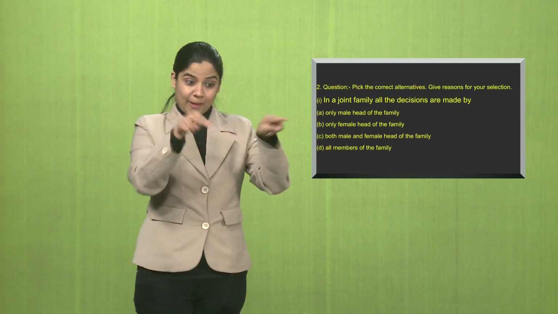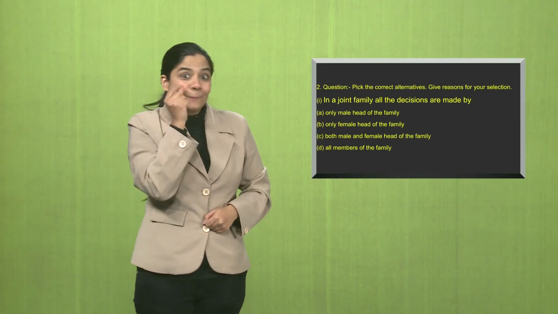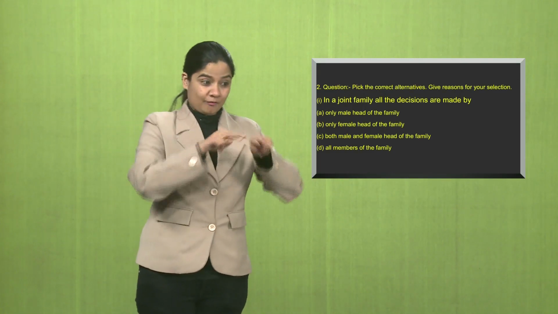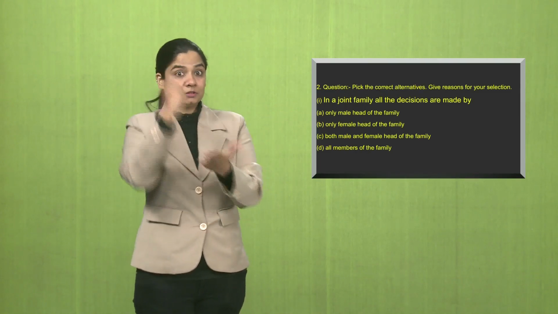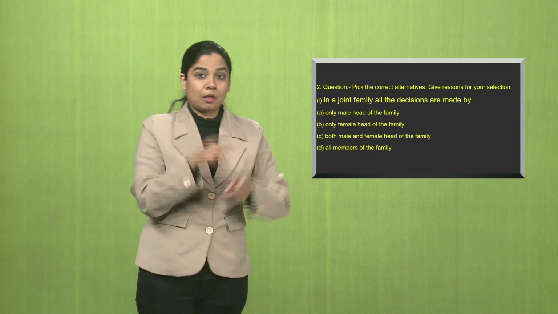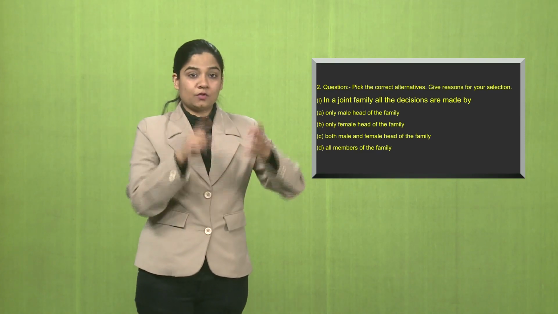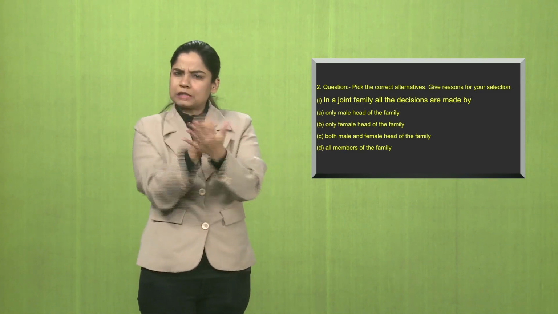First is the older male, the male head of the family. It can be the grandfather or the father. Second, only female head of the family, be it the mother or grandmother. Third is both male and female heads of the family. Or fourth is all members of the family. What is the answer?